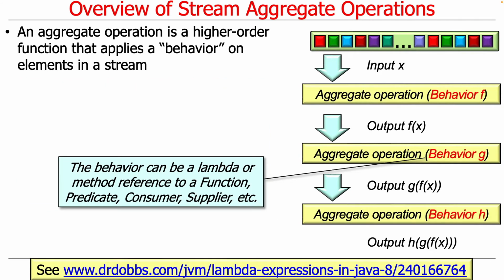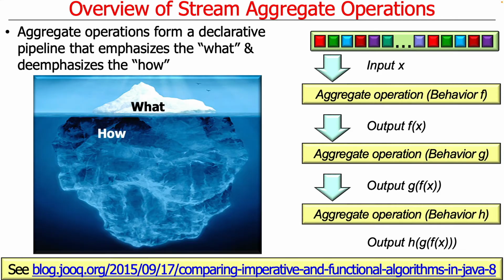And the functions that are passed are going to be functional interfaces, and they're typically provided in the form of lambda expressions or method references corresponding to functional interfaces. And common things that are passed would be function, predicate, consumer, supplier, and so on. These are some of the core functional interfaces. There are more, but those are some of the ones that are used most commonly.